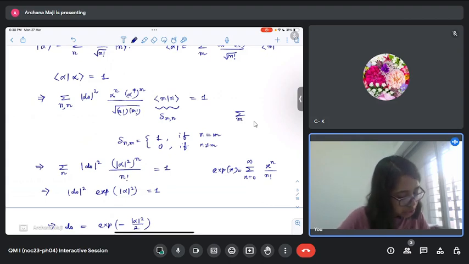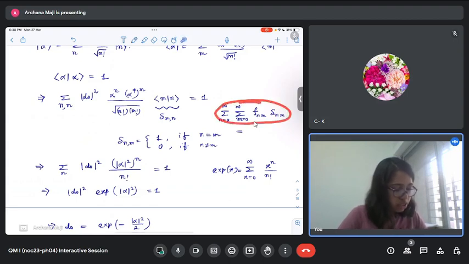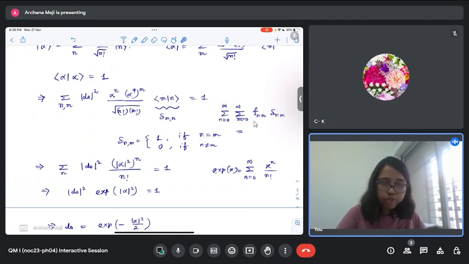Suppose you have summation over m equal to 0 to infinity, and summation over n equal to 0 to infinity, of some function f, which is a function of n and m, and then you have delta nm. So this particular summation is non-vanishing only when n and m both are the same. So m can take values from 0 to infinity, so m will also take the value n once.